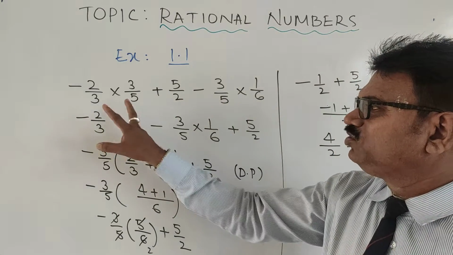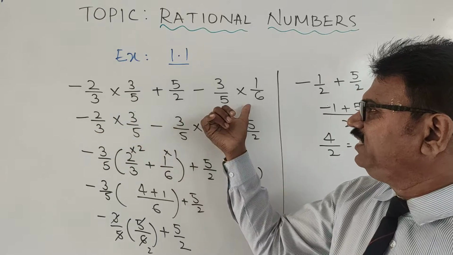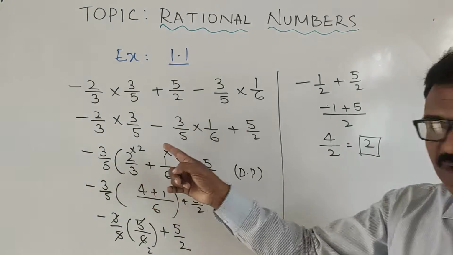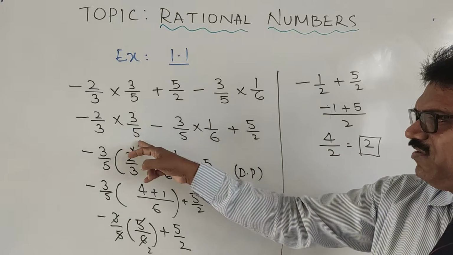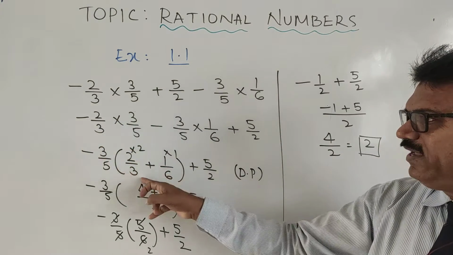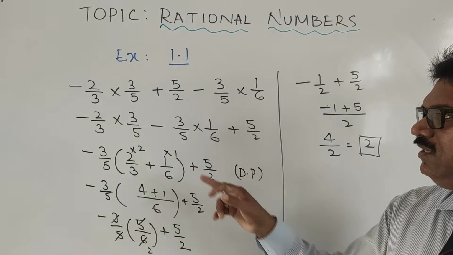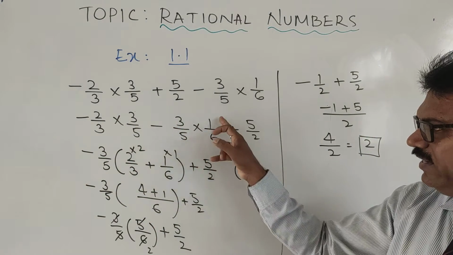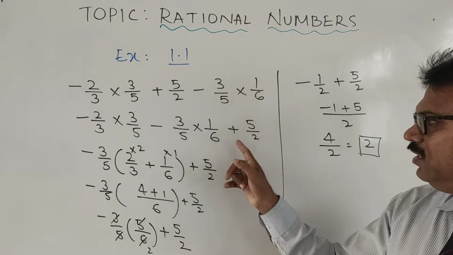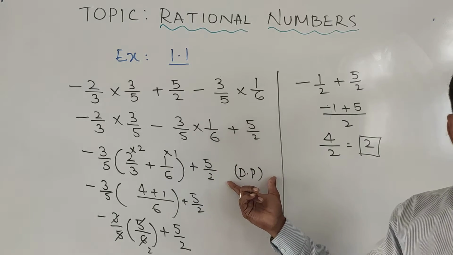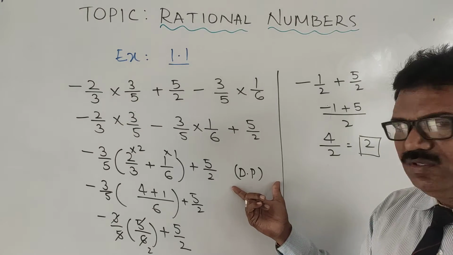Now see, in this and in this I have taken minus 3 by 5 as common. Then what do you get? Here 3 by 5 common means what is remaining? 2 by 3. But minus also I have taken, therefore minus will become plus. Here also minus 3 by 5 I have taken, therefore plus 1 by 6, plus 5 by 2 as it is. Which property? Distributive property. Very good.